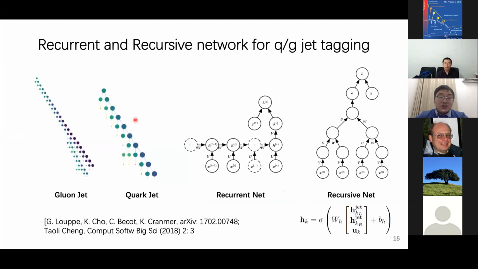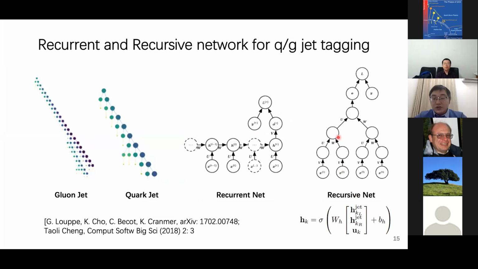So people have tried to use the full information of the particles by using a recurrent neural network or a recursive neural network. In this recurrent neural network, all the particles are sorted by their momentum and fed to this network one after another. And in this recursive neural network, people make use of the tree structure given by the jet finding algorithm in this gluon and quark jet classification task.